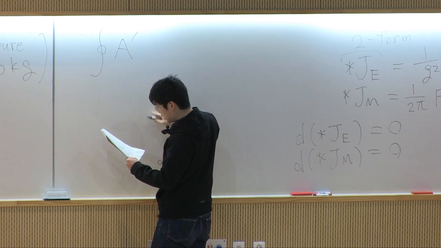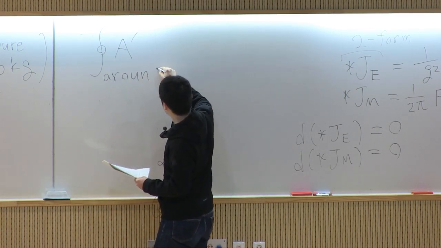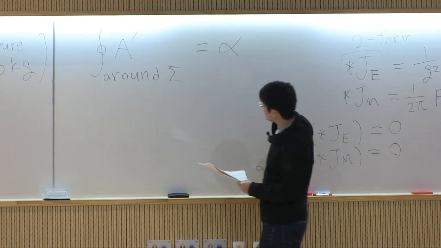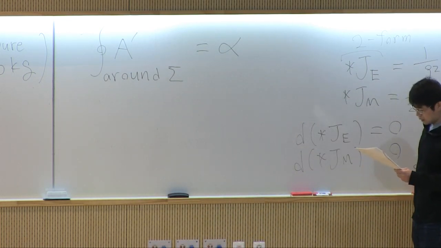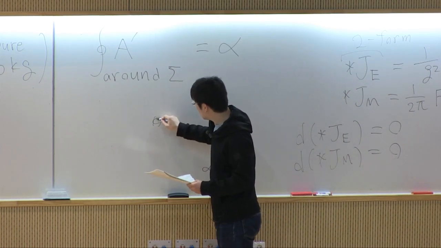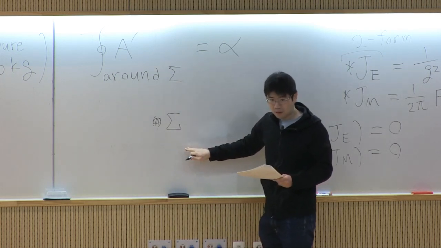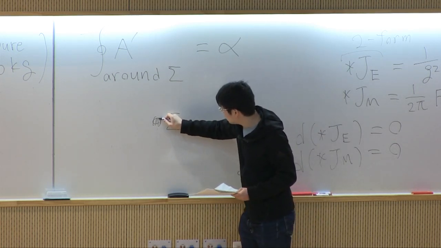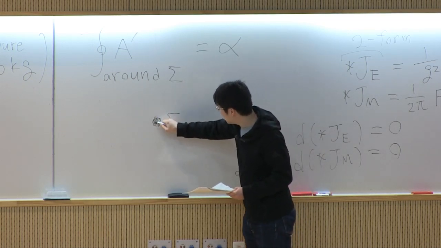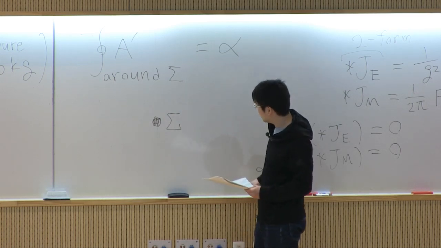So if we integrate this A prime around sigma, then this holonomy is alpha. This sigma is actually a two-dimensional surface, but for simplicity, because this whiteboard is two-dimensional, let's write it as a point in this whiteboard.